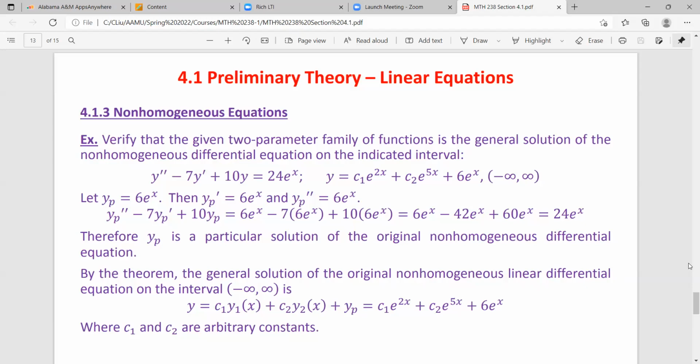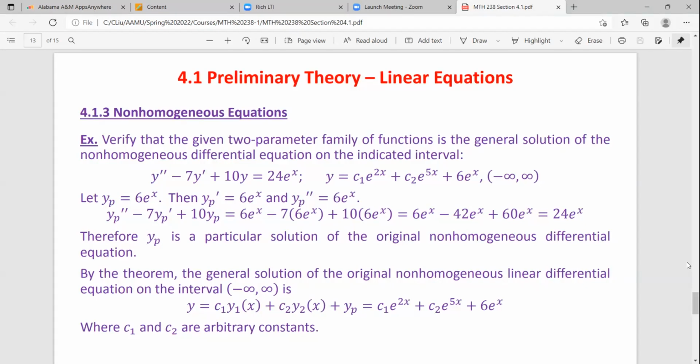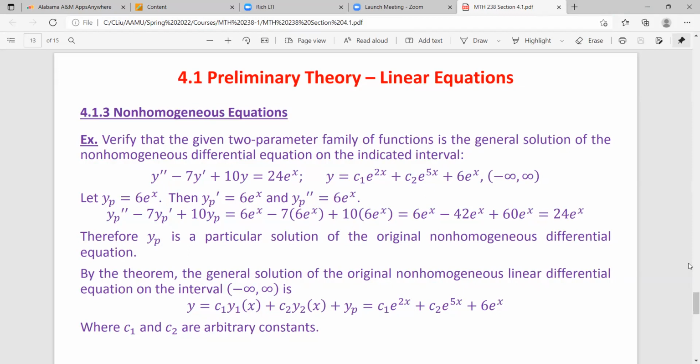So the only thing left in the problem is to check that 6e to the x is a particular solution to the non-homogeneous equation. What you do is plug in 6e to the x for y in the equation, and the equation should hold. Because the derivative of e to the x is e to the x itself, the first derivative and the second derivative of this function, which we call yp, equal to 6e to the x, are also 6e to the x.